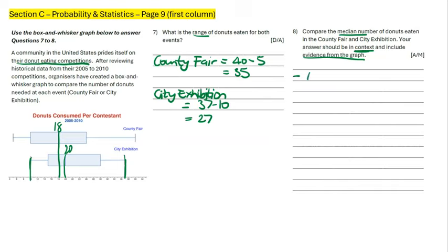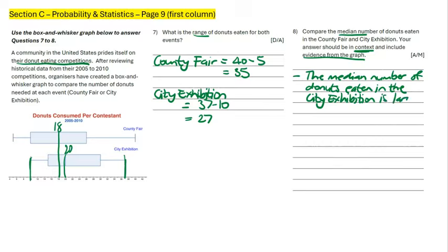So I'm just going to say the median number of donuts eaten in the, we'll do the biggest one first, the city exhibition is larger than the median number of donuts eaten in the county fair.